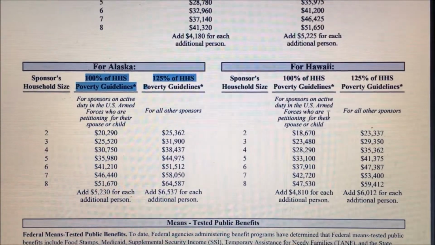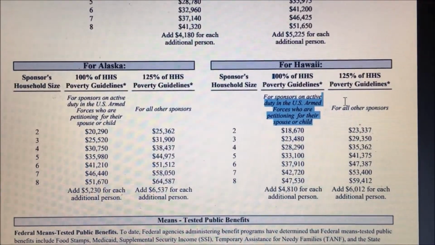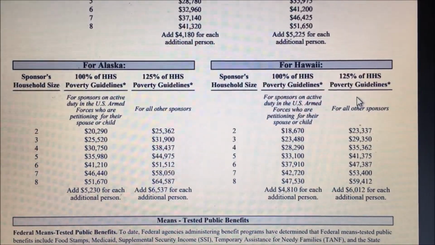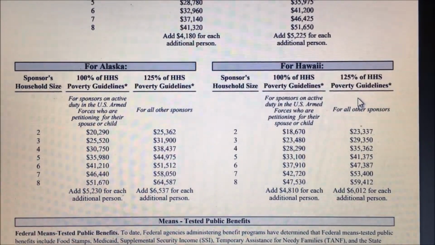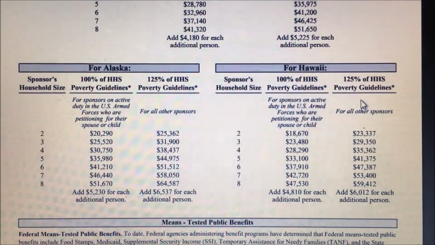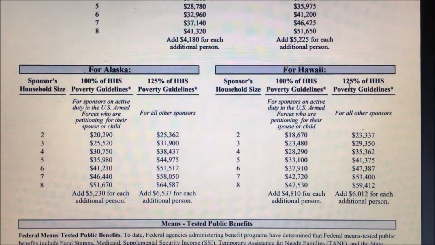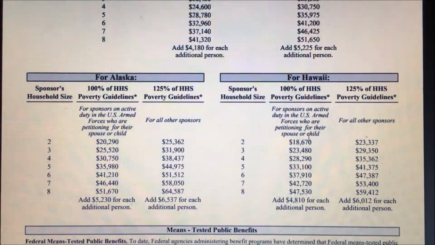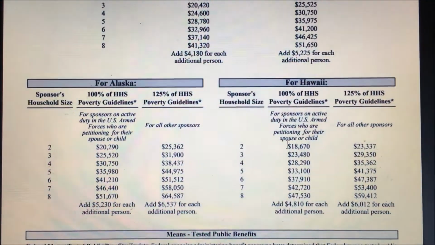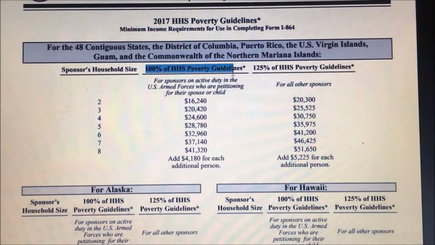The 125% poverty guidelines are applicable when you apply for your K1 Fiancé Visa adjustment of status, so it increases to 125%. Since we are talking about the K1 Fiancé Visa, we need to check the 100% poverty guidelines.